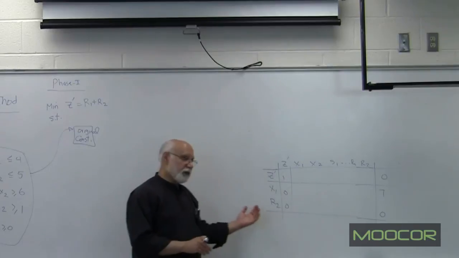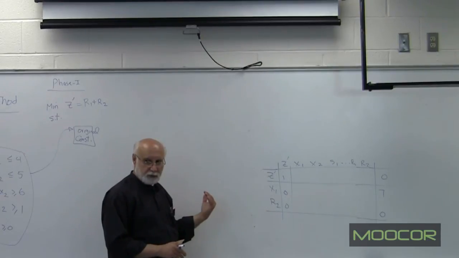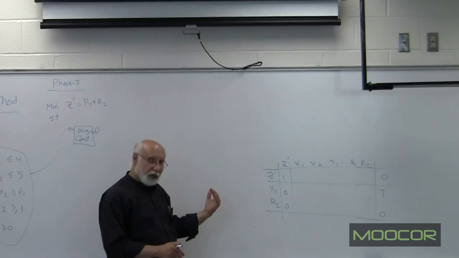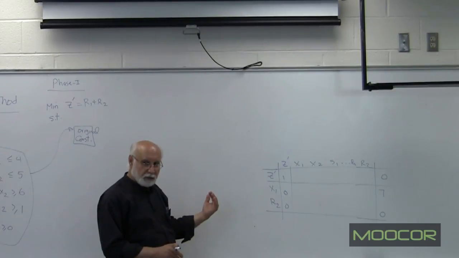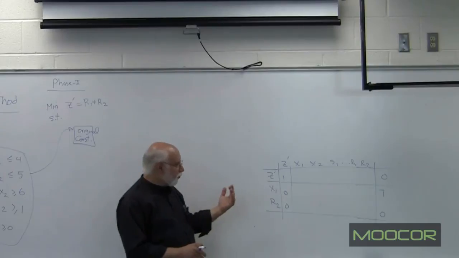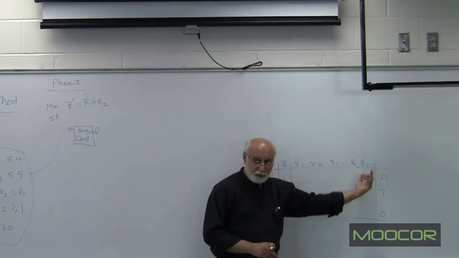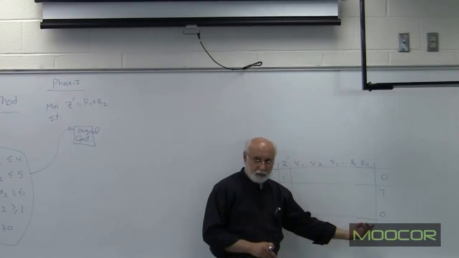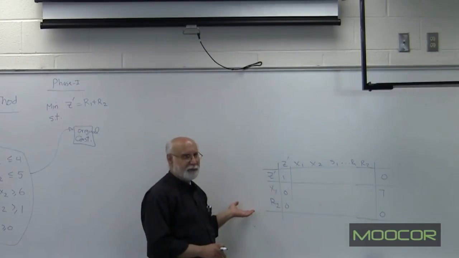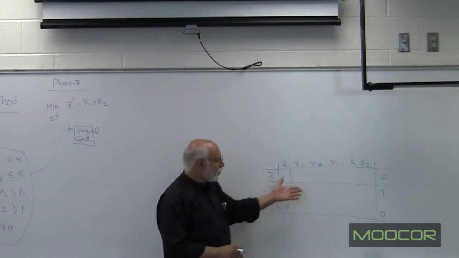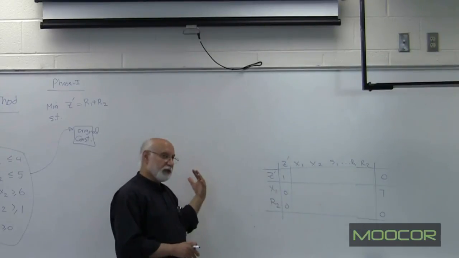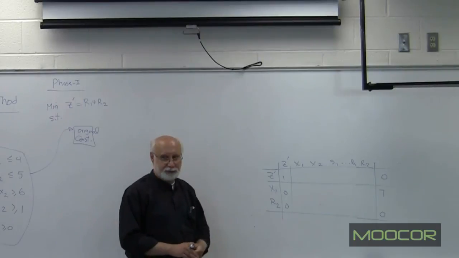But when you go to the next one, what happens? You drop R1, but you cannot drop R2. Why? Because R2 is a basic variable. So you carry R2 into phase 2.